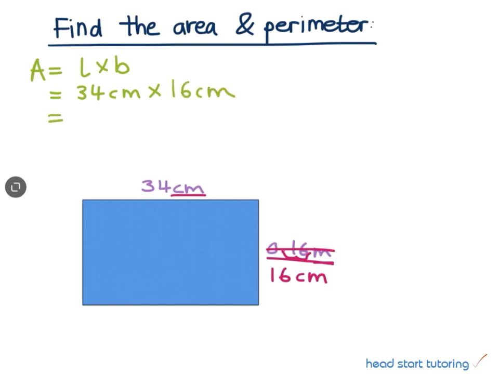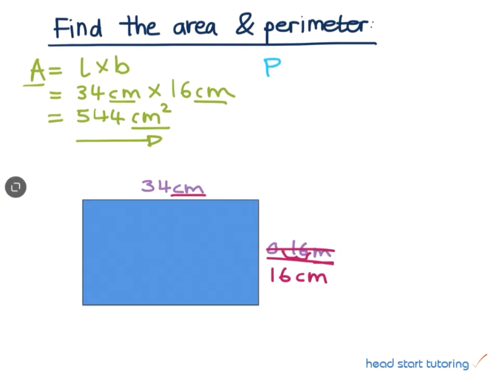So 34 centimeters multiplied by 16 centimeters, we obviously need to do on the side, and we will end up with an answer of 544 centimeters squared, because remember we are multiplying centimeters by centimeters, so our area will always be in our measurement squared. So the area of this rectangle, 34 centimeters by 16 centimeters, gives us an answer of 544 centimeters squared.